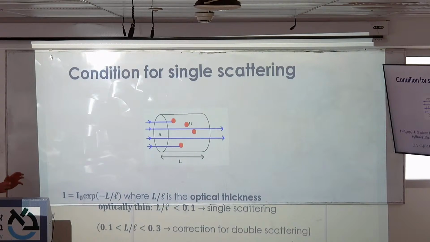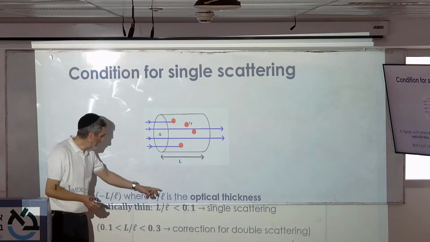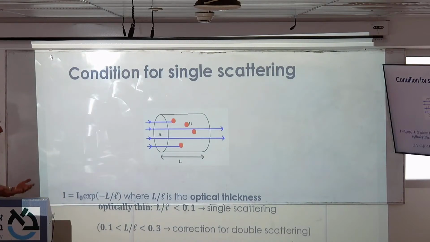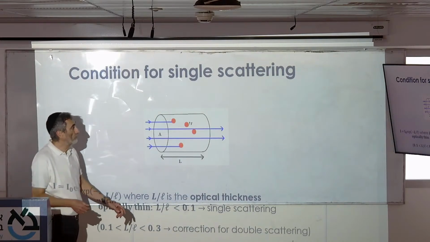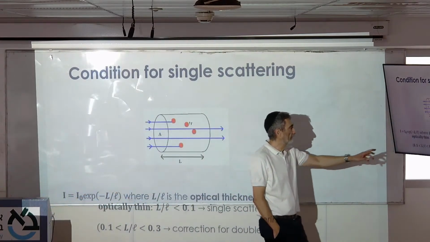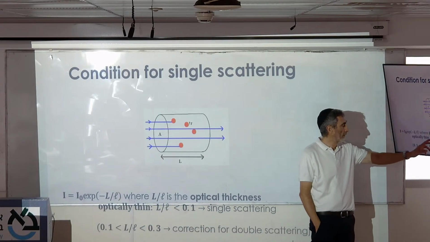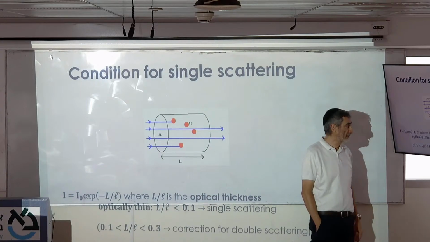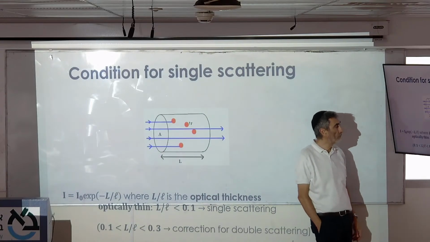We gave last time a very rough definition: the mean free path is the distance between two collisions. This quantity, L over small l, is what we call the optical thickness. An optically thin sample is a sample where the length of the system divided by the mean free path is small, let's say less than 0.1.